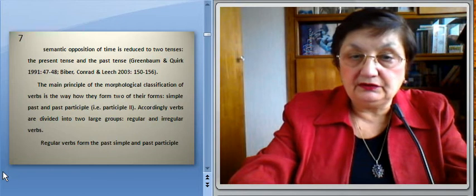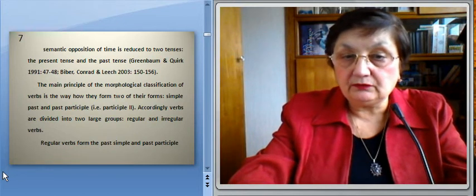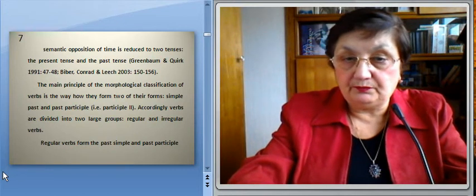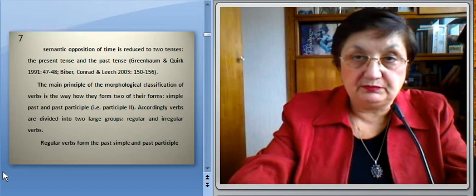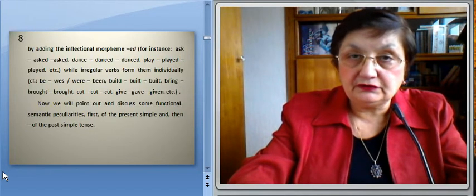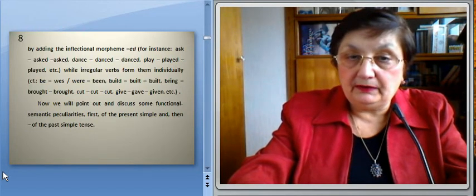Regular verbs form the past simple and past participle by adding the inflectional morpheme -ed, while irregular verbs form them individually.